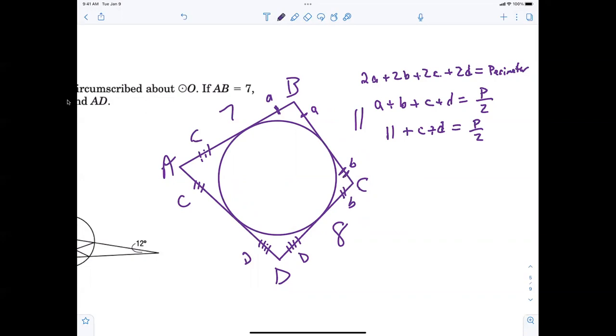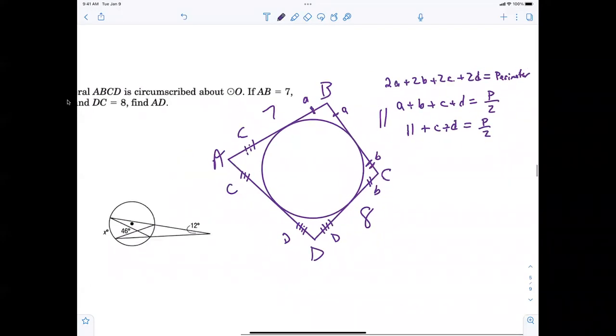I'm missing what? I'm missing C and D. So let me just write A plus B has to equal 11.